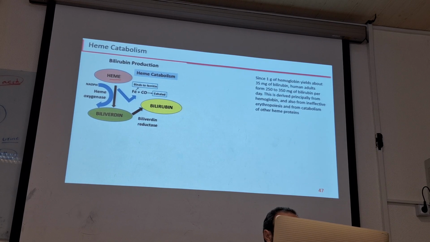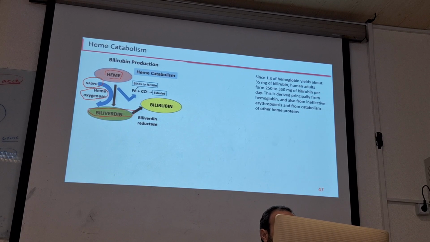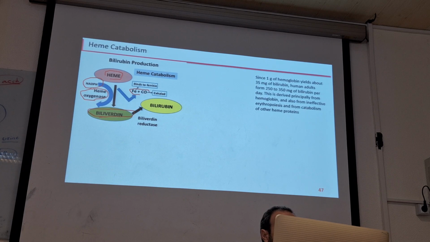After heme catabolism, we have an enzyme here known as heme oxygenase. Heme oxygenase needs NADPH and converts heme to biliverdin, which is green. And here iron is released and carbon monoxide is also produced.